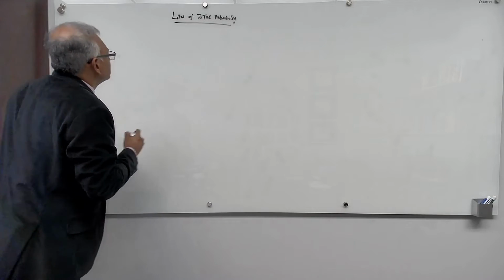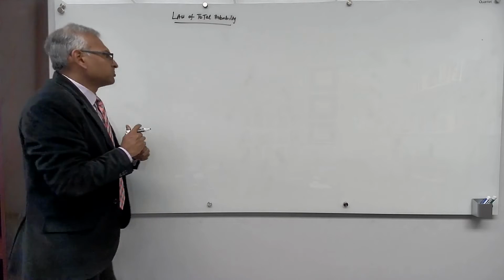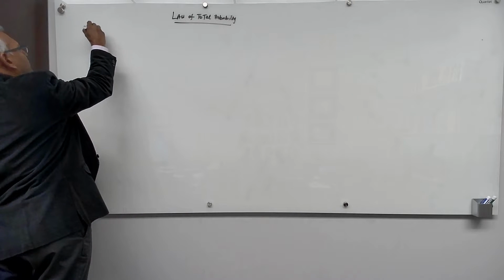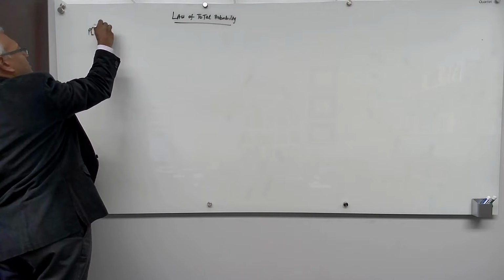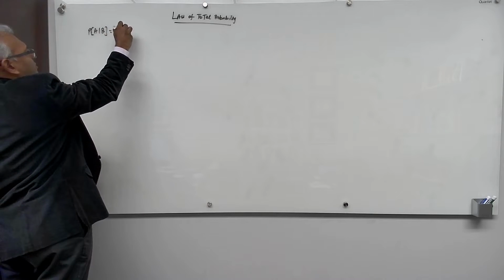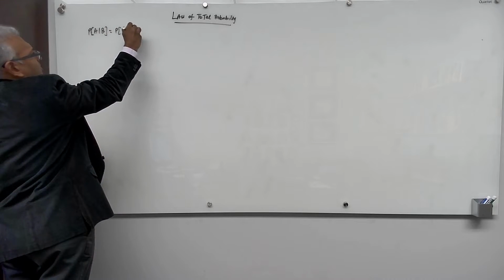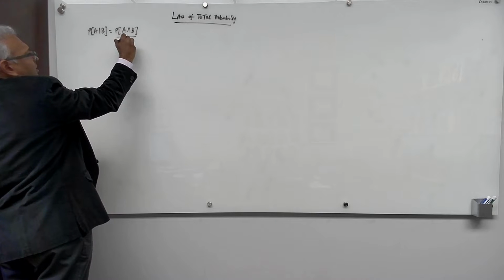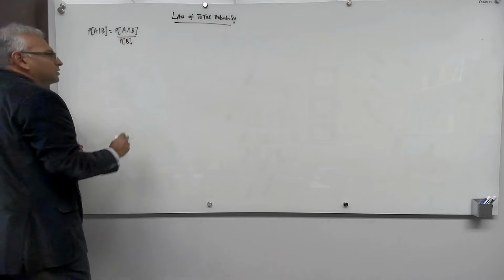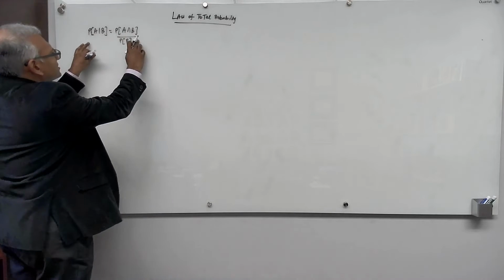Okay. Now let me just remind you what the definition of a conditional probability is. So P of A given B is equal to the probability of A and B divided by the probability of B. Now it's very useful sometimes to write this in another way.